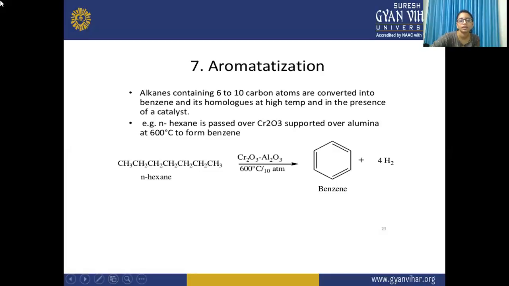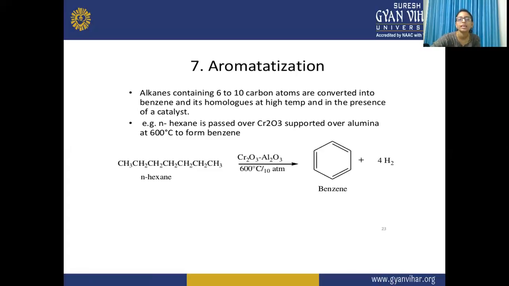Now the next reaction is aromatization. Aromatization, alkanes containing 6 to 10 carbon atoms are converted into benzene. So here alkanes that are having 6 to 10 carbon atoms are converting into benzene and its homologues, means its derivatives, at high temperature and in the presence of a catalyst.